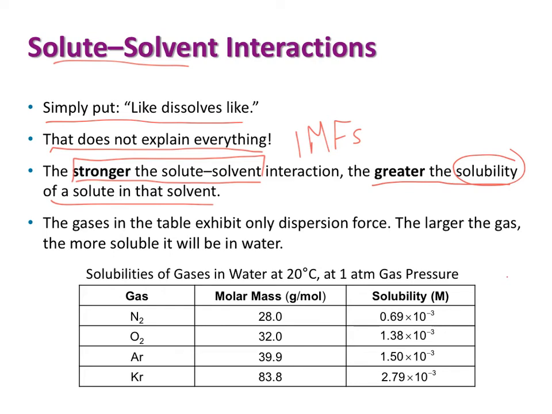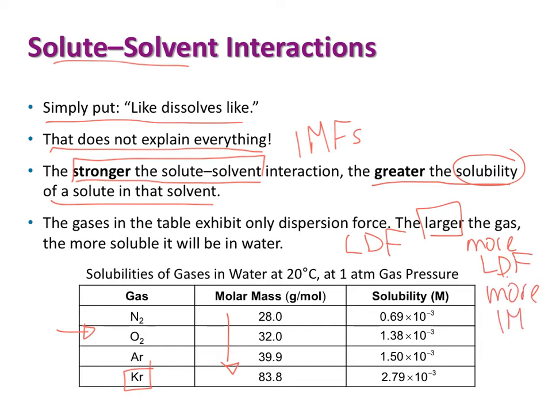To demonstrate this, let's look at this table of different gases. The major difference about each of these gases is the molar mass. As we go down this table, we see that krypton is the largest molar mass gas on here. Remember how we talked about LDF, and how the larger the molar mass, the more LDF you have, which also means more IMF overall.